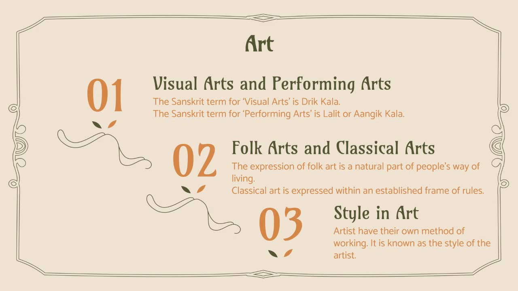Such tradition gets established as an art style. Various art styles develop in every culture, which are characteristics of a certain period and region. Such styles are helpful in studying art history.